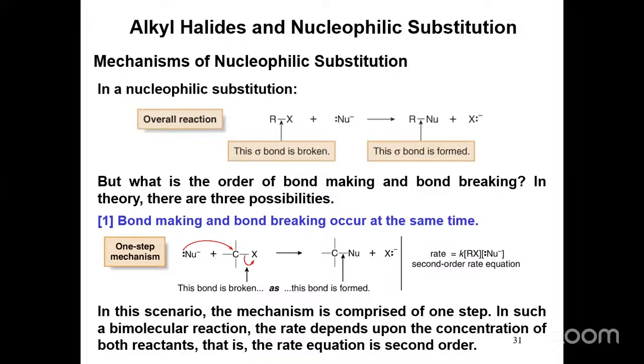When that bond is broken, a new bond is formed with the nucleophile, and therefore the halogen will be the leaving group.